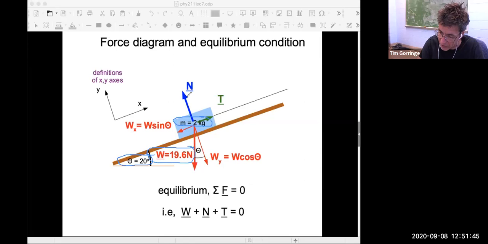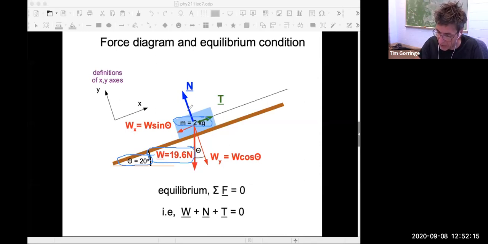Then I've added the two other forces that are acting on the block. The first one I've added is the normal force, and that's this blue arrow here. The thing about the normal force, and why we call it the normal force rather than just a contact force, is that it acts normal to a surface. This force that helps support an object on a surface, like the apple on the table, is at right angles to the surface.